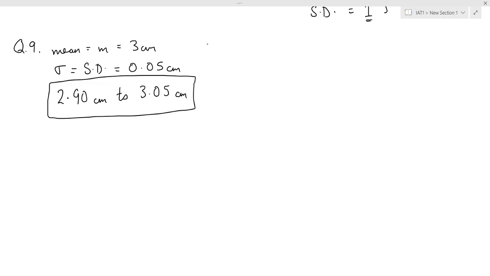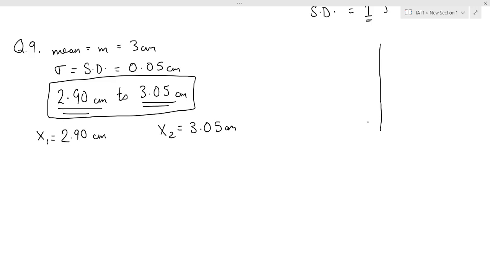So we cannot directly use our standard table. We will have to convert our normal distribution into standard normal distribution, right? So see, what is the range that they have given us? From 2.90 centimeter to 3.05 centimeter. So let us call this x1 = 2.90 centimeter and x2 = 3.05 centimeter, right?